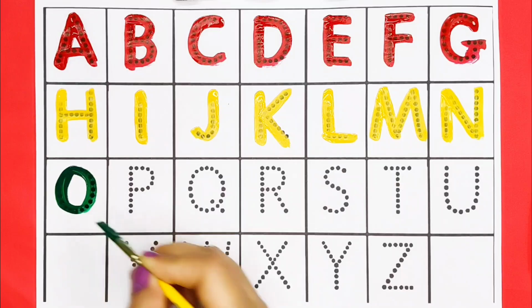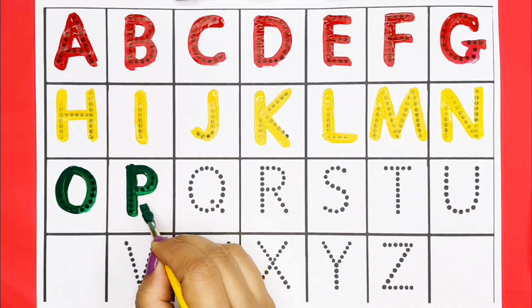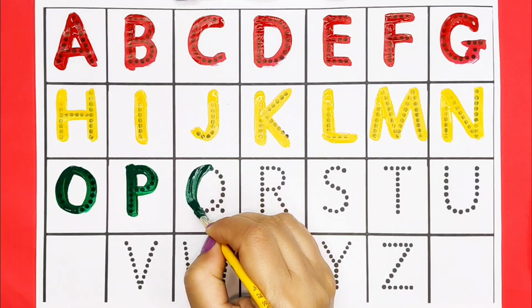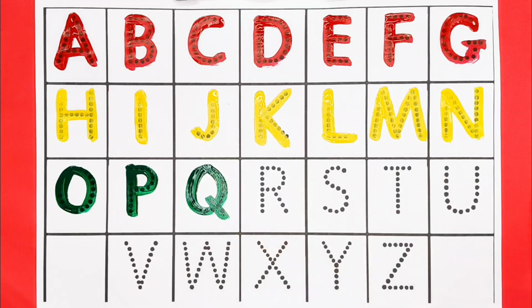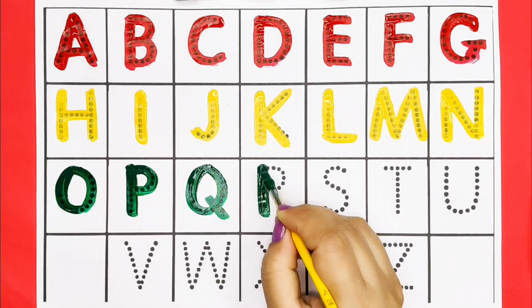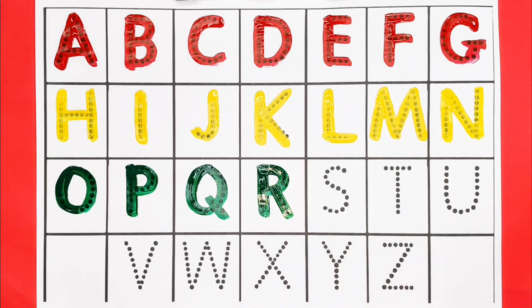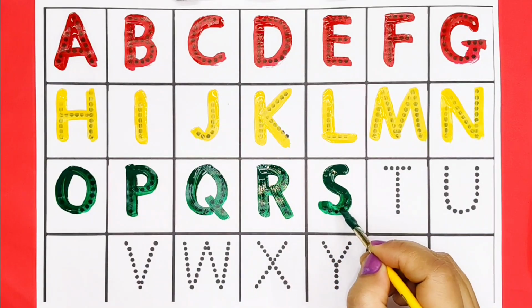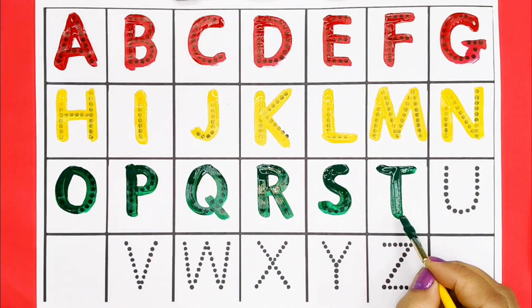O for onion. P for pencil. Q for queen. R for rabbit. S for sun. T for tiger.